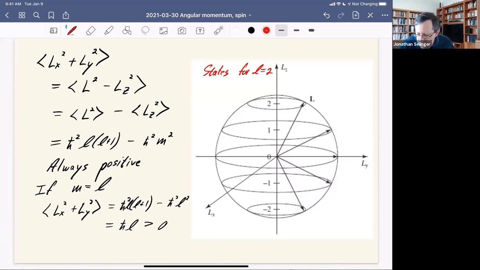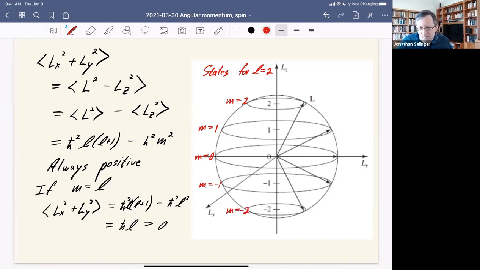So here, in these states, we have different possible values of m, which means different possible values of the z component of angular momentum. Right? So here, there are the m equals 0, here m equals 1, m equals 2, m equals minus 1, m equals minus 2.